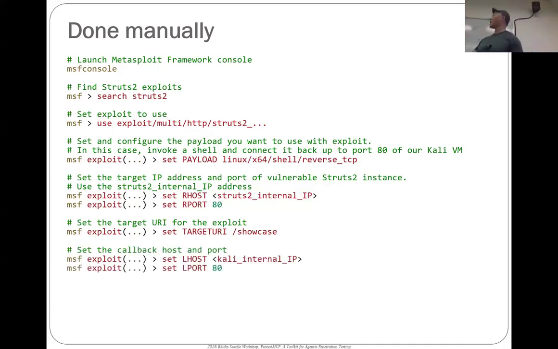Because when you deliver this reverse TCP payload, it needs to create a connection back to the Kali VM, the machine that launched the exploit, so you can get the callback and the interactive shell. So you have to set the local host to be the Kali IP address, and the local port, you can use the web port, to receive that connection. Then you do an exploit, and you get the shell. Then you cat /etc/passwd, and you finish the lab.